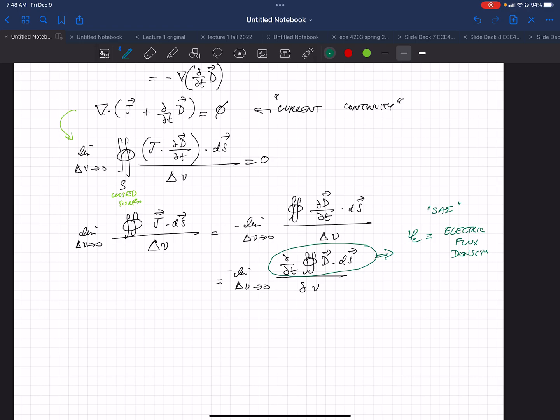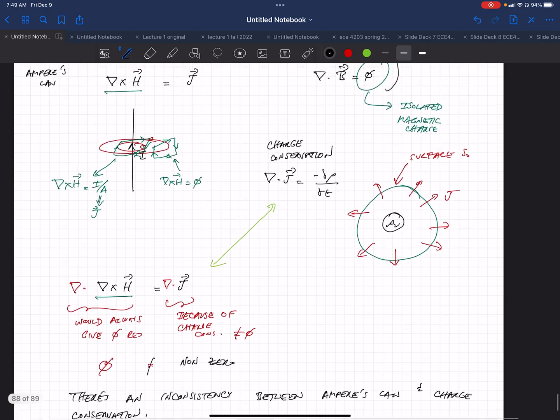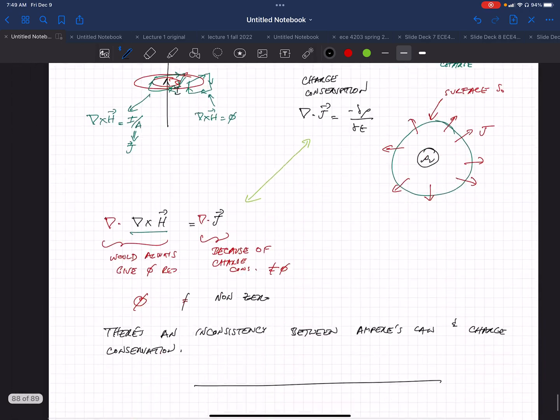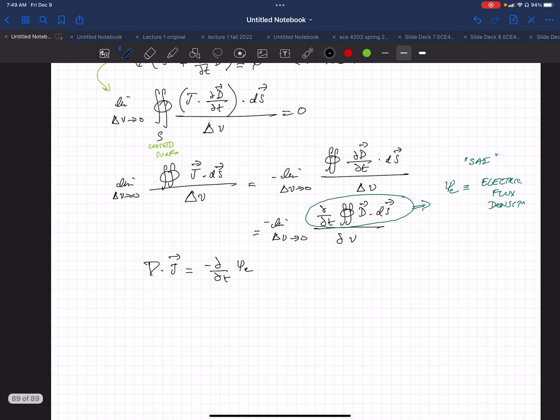So you end up with del dot J is minus the rate of change of this psi of E. Okay, so basically that's the modification that we can now plug into those equations.